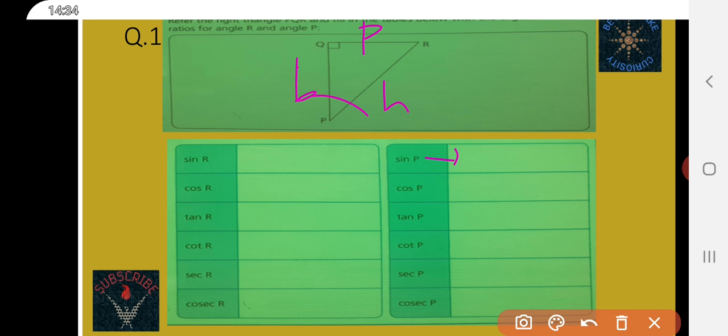P by H. P is here QR by H is your PR. Okay, so next you can do the other trigonometric ratios by yourself.